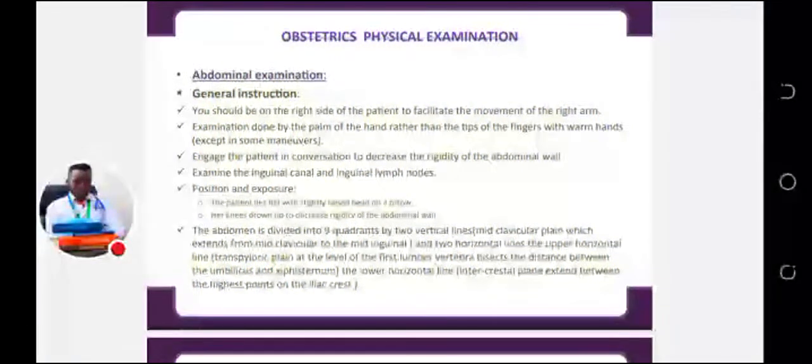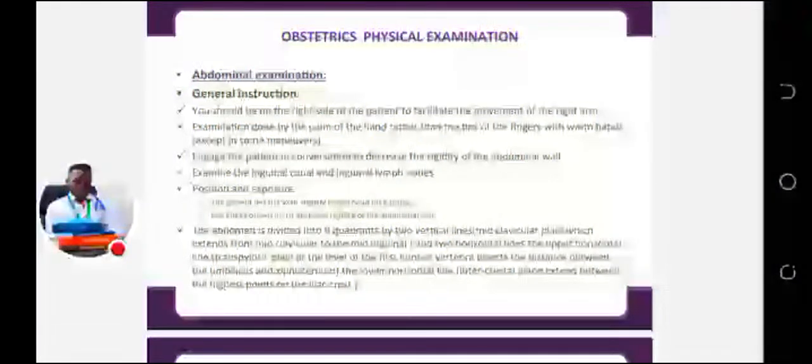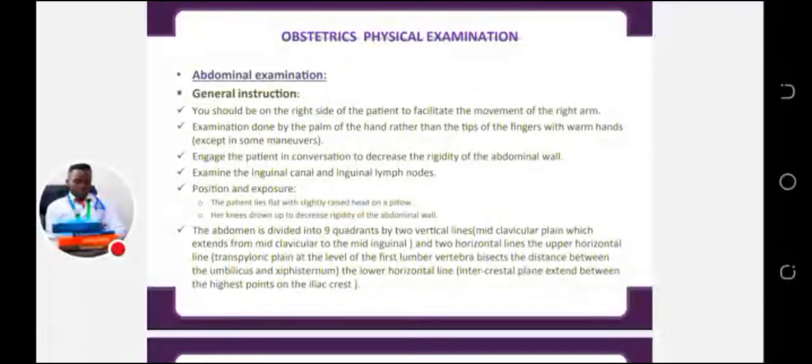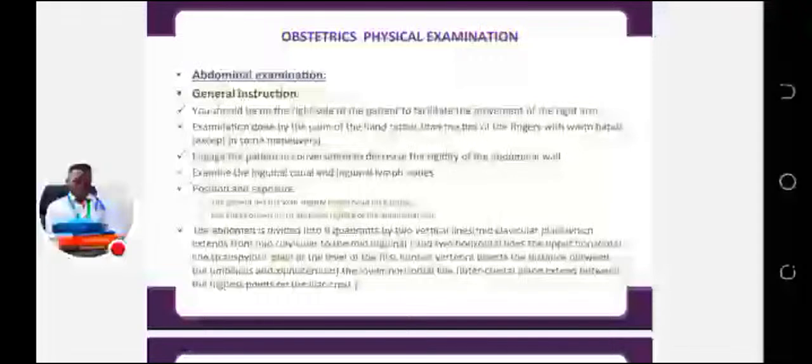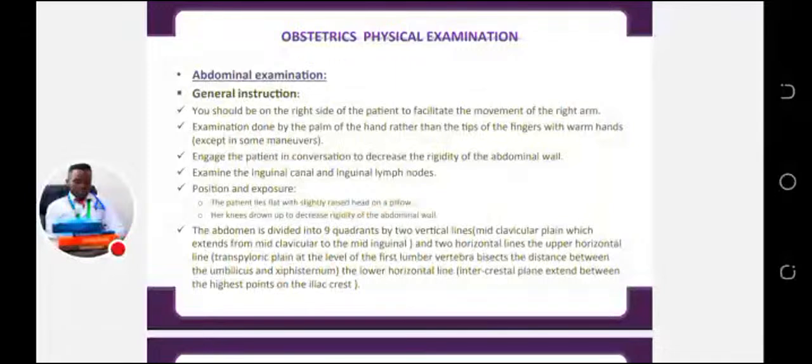Then, as you are using your palm, also engage the patient in conversation to decrease the rigidity of the abdominal wall. You should also examine the inguinal canal as well as the inguinal lymph nodes for any swelling.